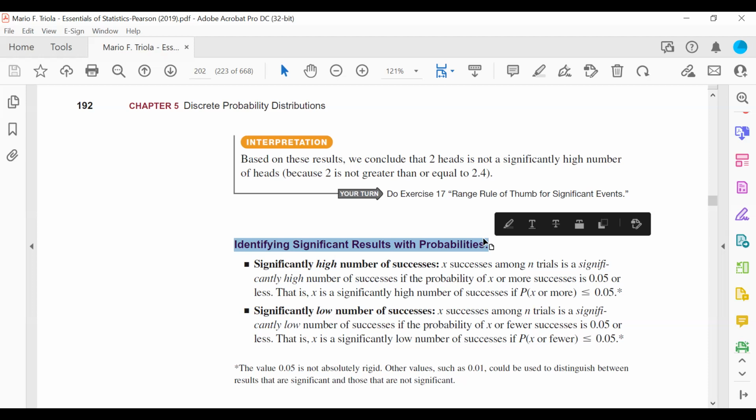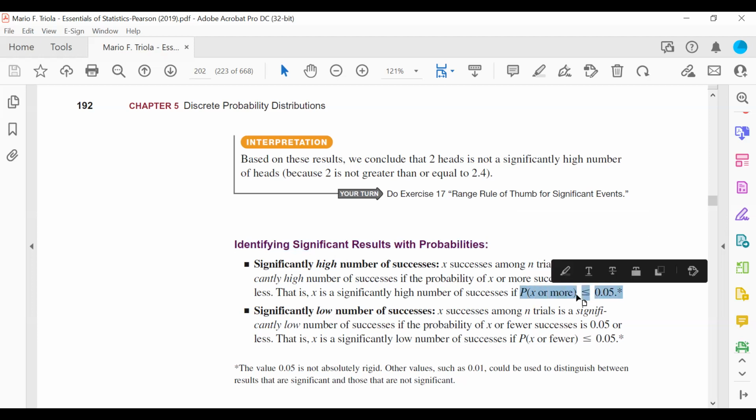Just write that down, and you're going to write the formula. There is a formula right there. Write probability, parentheses, X or more, close parentheses, is less than or equal to 0.05.